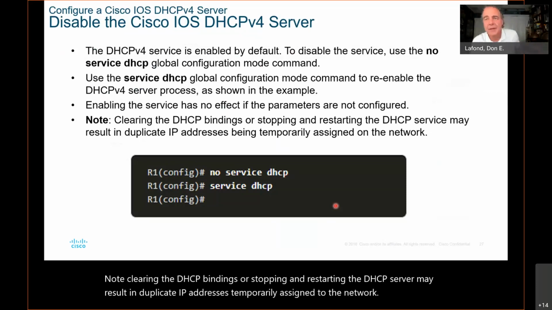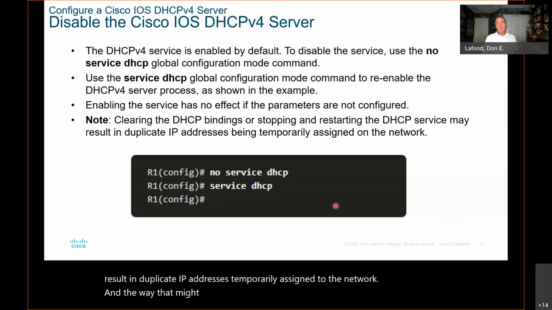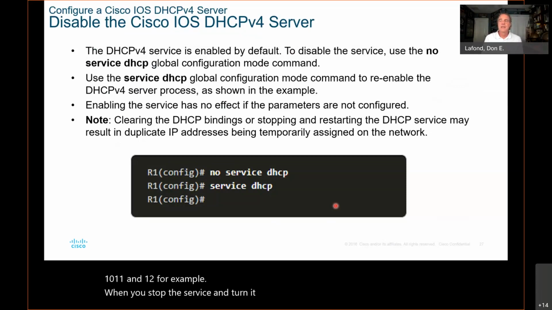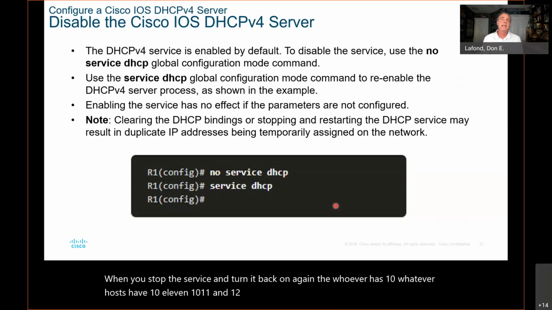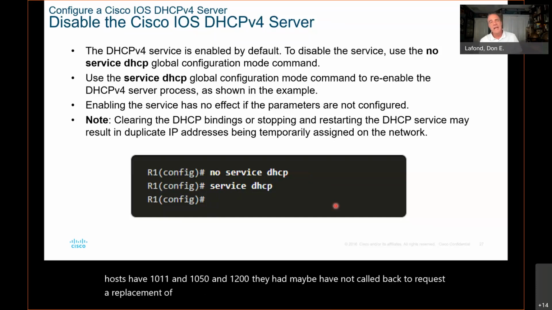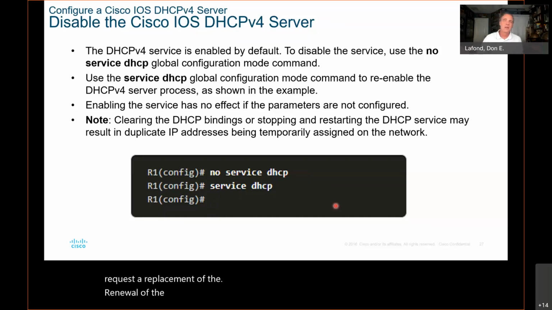The way that might happen is that the pool of addresses has already handed out 10, 11, and 12, for example. When you stop the service and turn it back on again, the hosts that have 10, 11, and 12 may not have called back to request the renewal of the address, so they just keep trucking along with 11, 12, and 13.